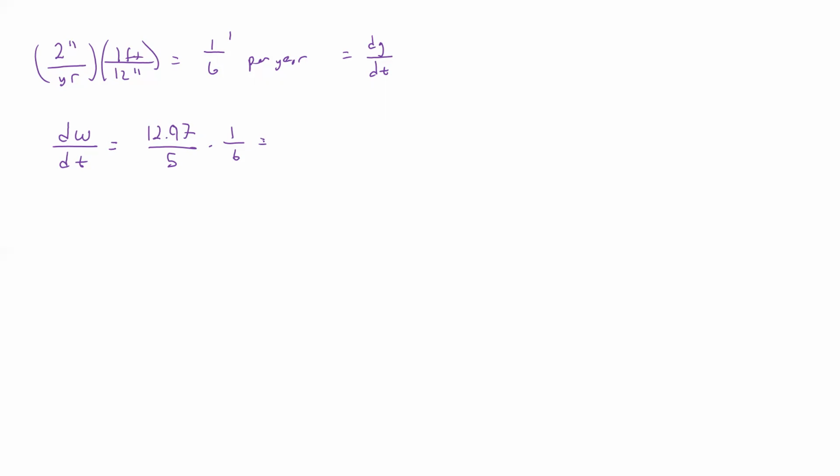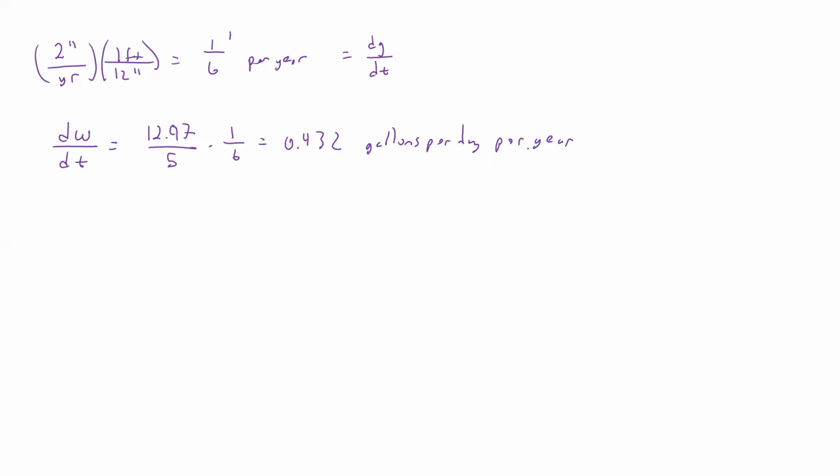So we have 12.97 divided by 5 times 6, which is 30. And so that's going to give us 0.432. And what's this going to be in units? Gallons per day per year. Okay, so it's a change of W, so gallons per day per year.